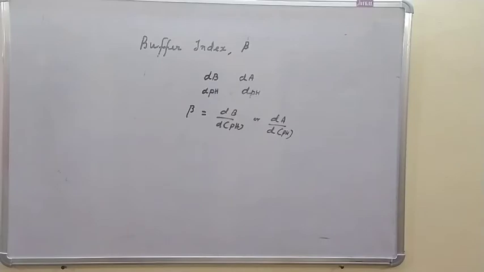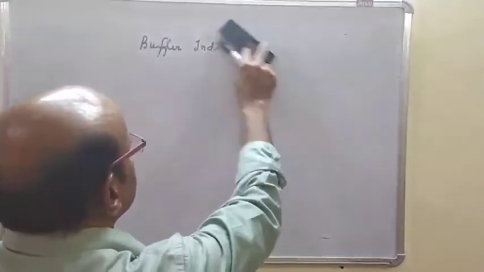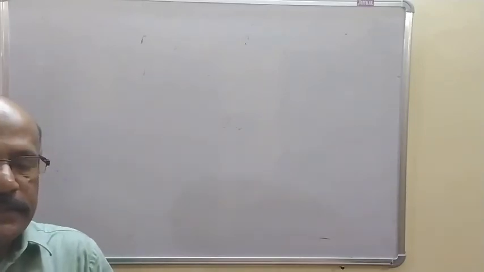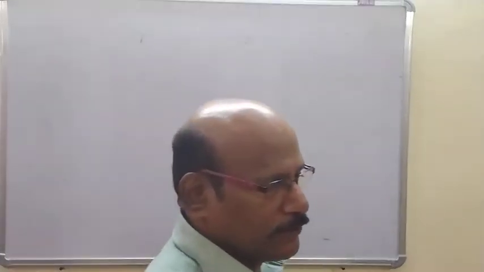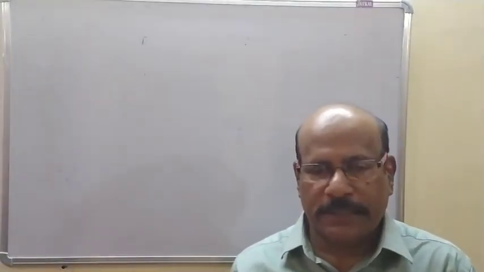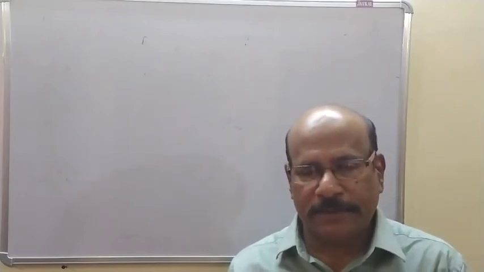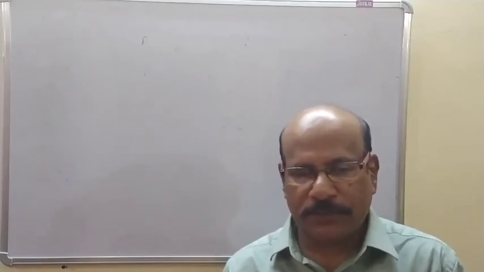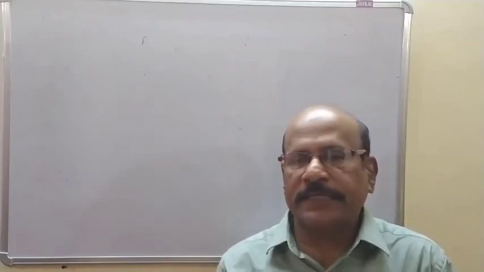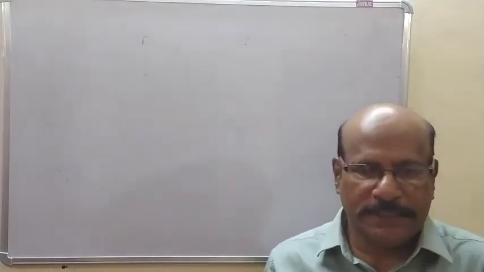Next, finally, we have to discuss two other concepts in connection with ionic equilibrium, that is the common ion effect and solubility product. These theoretical aspects have found immense application in our analytical chemistry, especially in qualitative analysis.